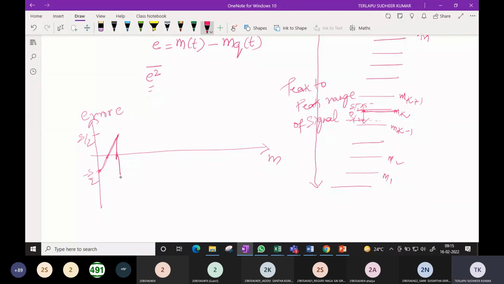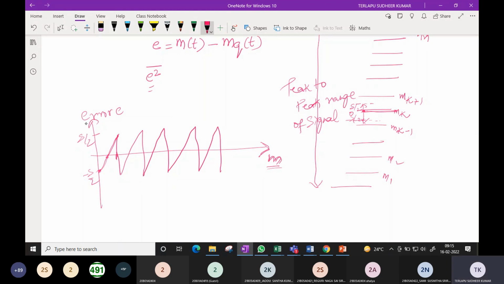This is during the first quantization level. Similarly, during the second quantization level, I can have a similar thing. During the third quantization level, I can have the similar thing. Fourth quantization level, so on and so forth. So this is my M quantization levels.